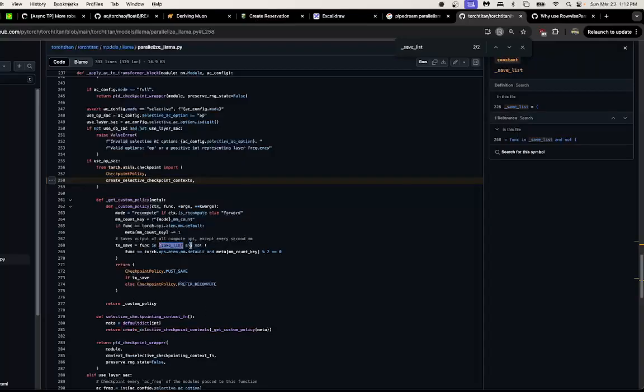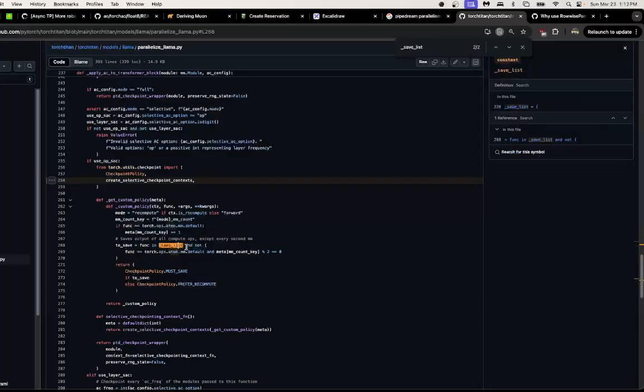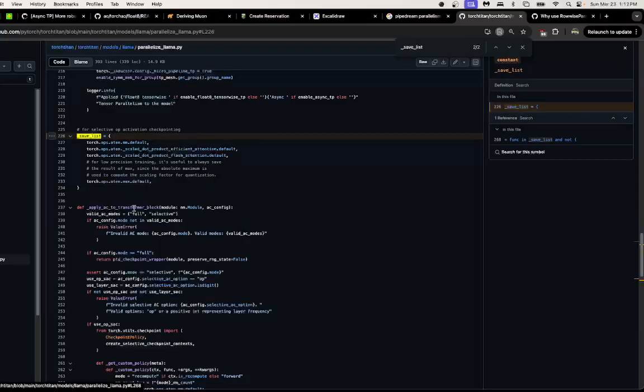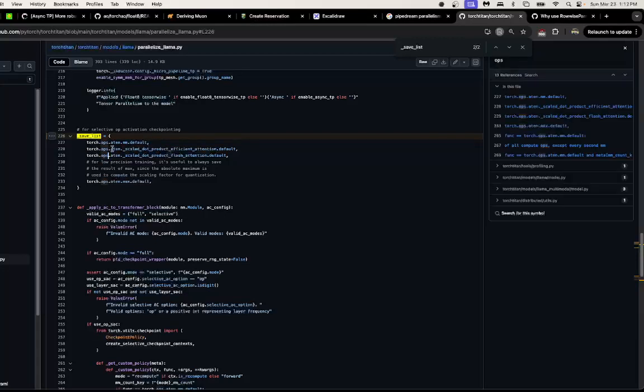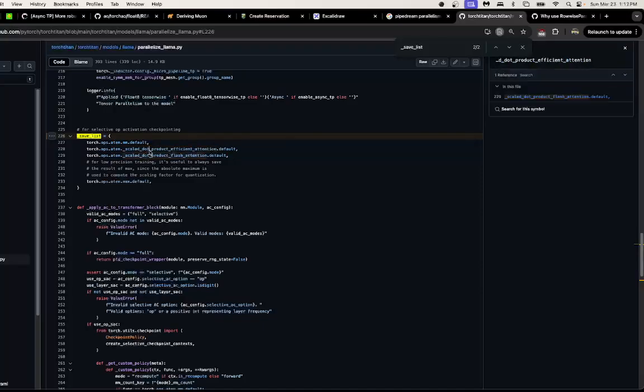The policy basically says if the PyTorch operator is not in the save list, then you recompute it; otherwise you save it. So what is in the save list? What they are saving is the outputs of matmuls and the scaled dot product flash attention and efficient attention, so the attention layers basically.